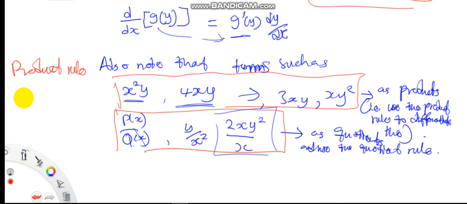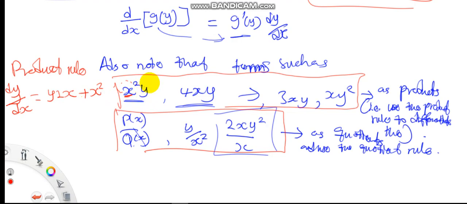For the product rule, we say dy dx is equal to, we hold the second term, say for example here y, and then we differentiate the first term. So the derivative of x squared would be 2x, plus, and then we hold the first term again, now x squared, and then we differentiate the second one.